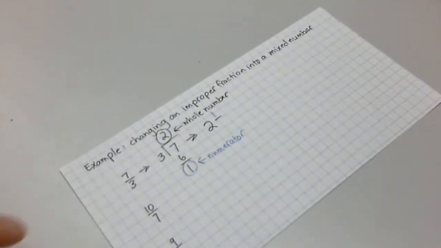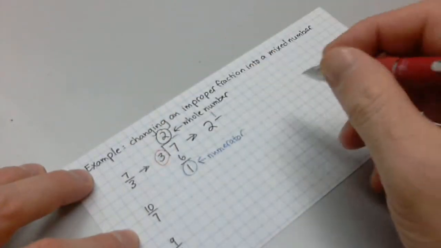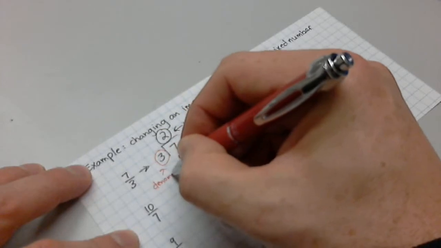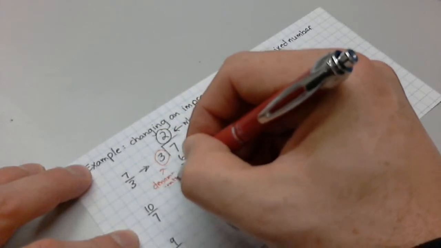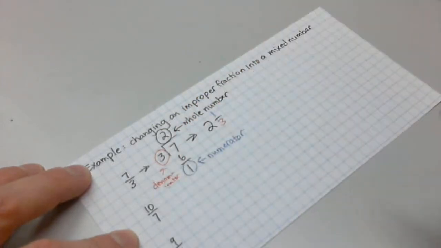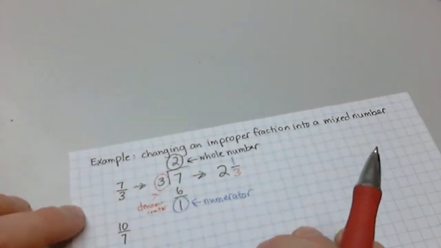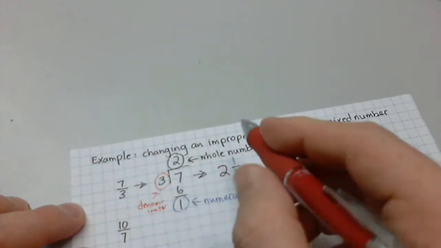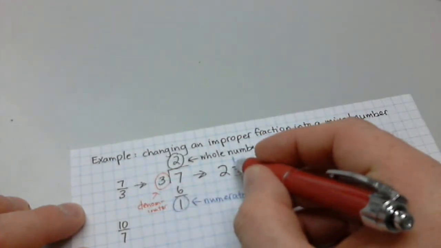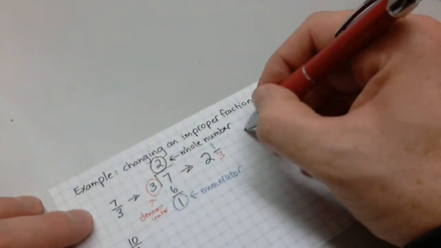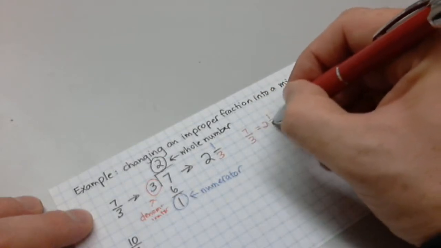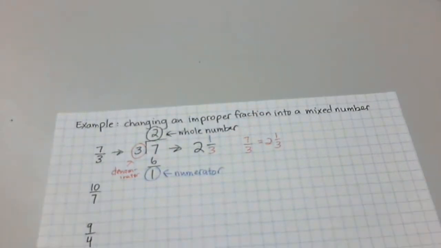And then lastly, my original denominator stays my denominator. So I end up converting 7 over 3, using this method of division, to 2 1/3. So I can say then that 7 over 3 is equal to 2 1/3. They are the same number, basically.